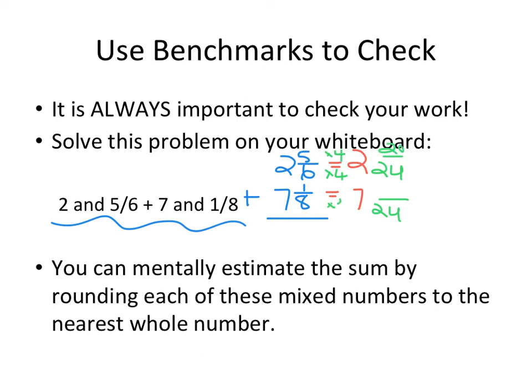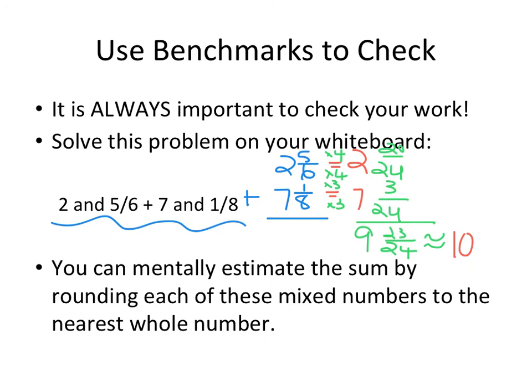I multiplied 8 by 3 to get 24, so I'll do the same to the numerator there, and I get 3. Now when we add, we get 23/24, and 2 plus 7 is 9. 9 and 23/24. Well, 23/24 is only 1/24 away from the next whole, and so that would be really close. That squiggly equal sign is approximately equal to 10.